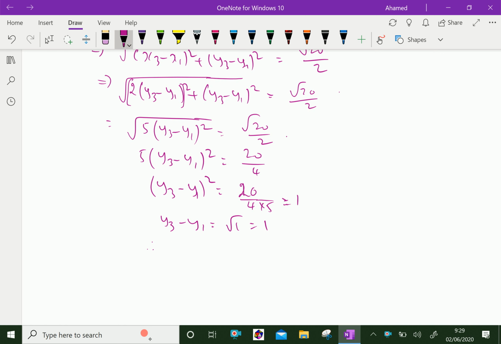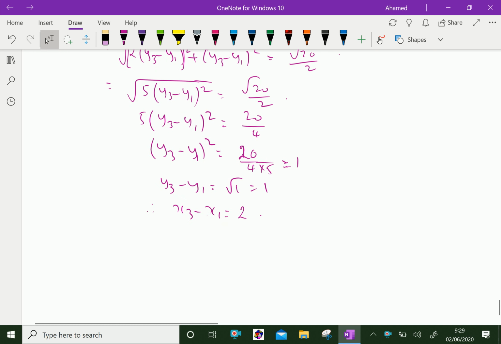Therefore x3 - x1 is 2, because it is 2 times (y3 - y1). Let these be equations 4 and 5. Now solving.